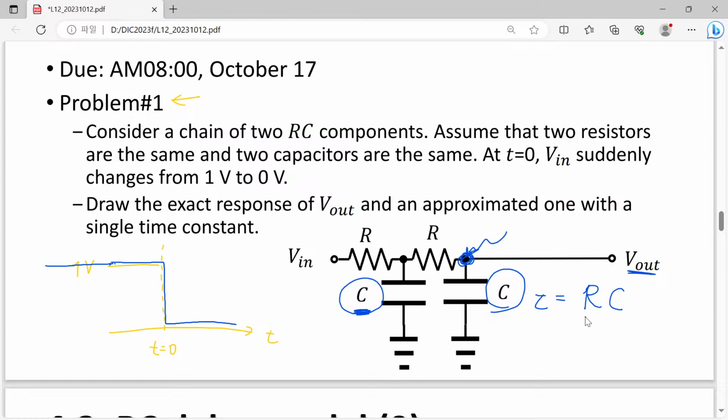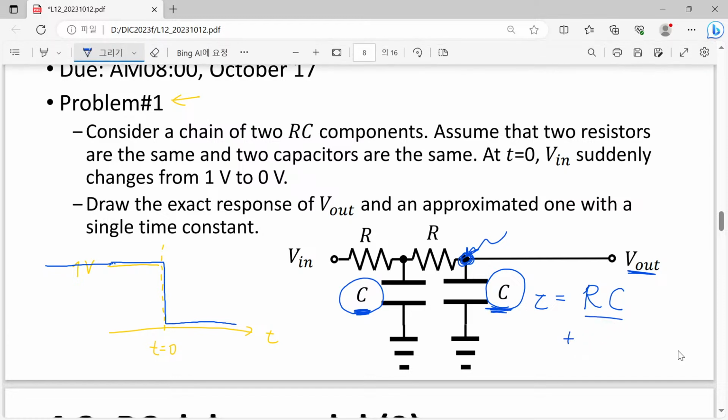So we have R times C. And how about our target capacitor? It's just C. However, the serial resistance up to here is R and R, so we must have 2 times R.